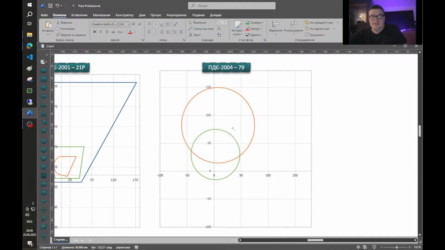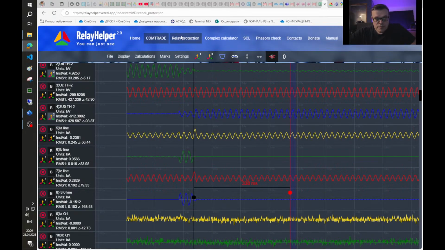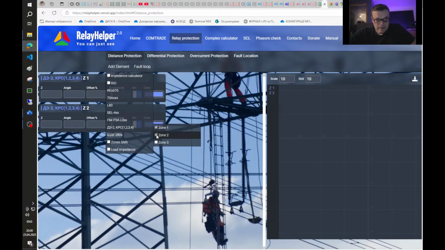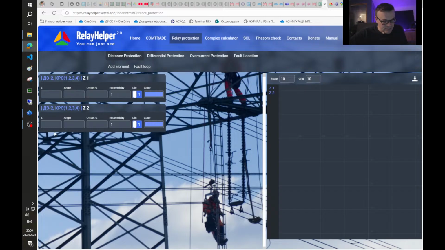So let's see if this phase selector works correctly. We need to add two zones. Sorry, let me take settings. Okay.